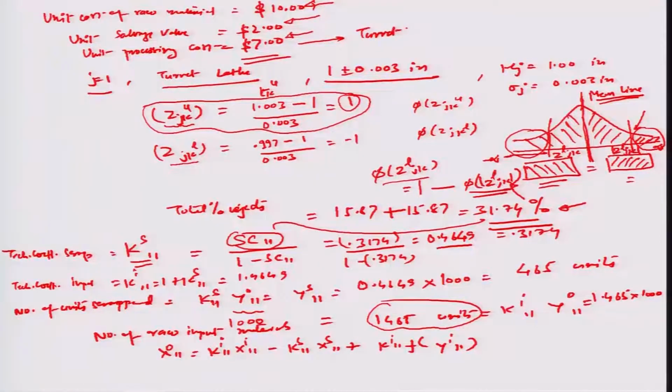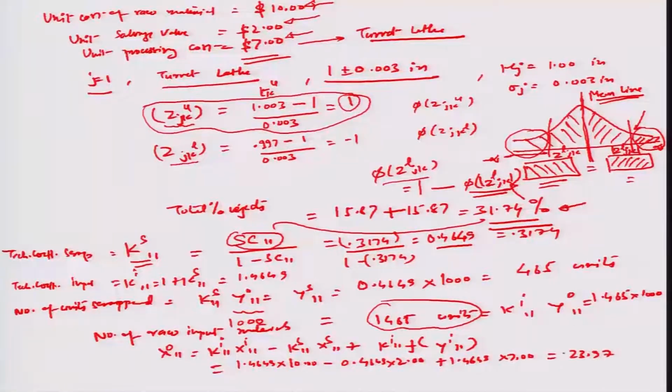Now, these values have to be studied and determined on the various different machines which are available. So, in this particular case then, the XO or the total output cost comes out to be 1.4649 times 10 minus 0.4649 times of 2.00 plus 1.4649 times of 7, which happens to be $23.97.